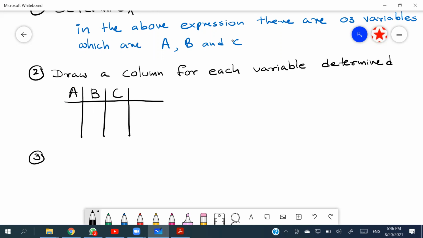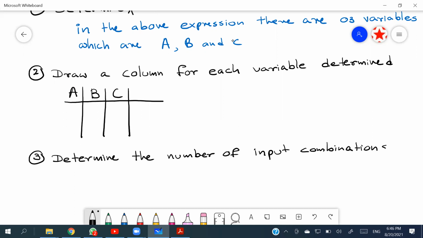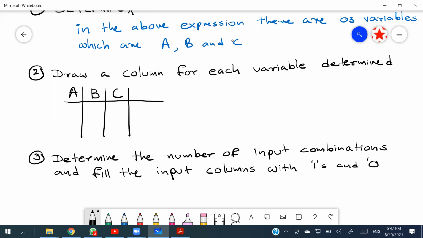The third step is to determine the number of input combinations and fill the input columns, which means the A, B, and C columns, with ones and zeros.